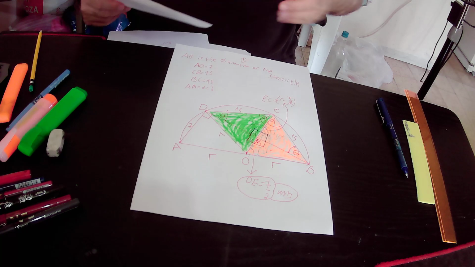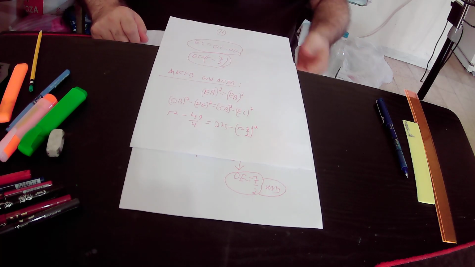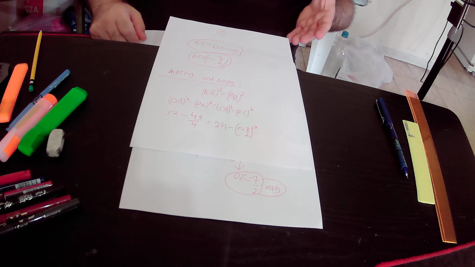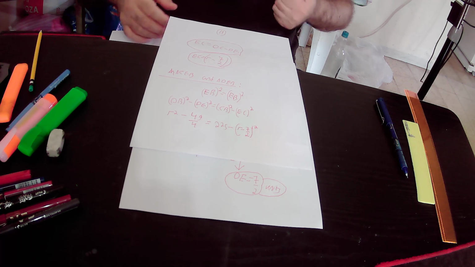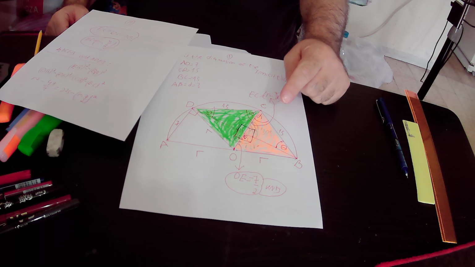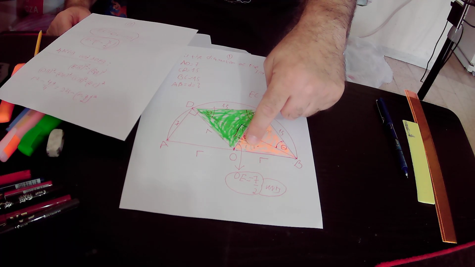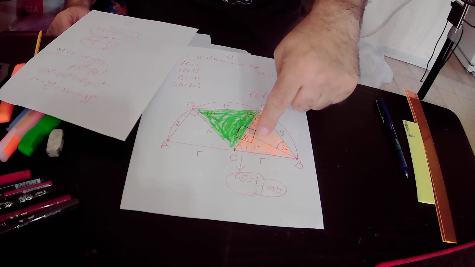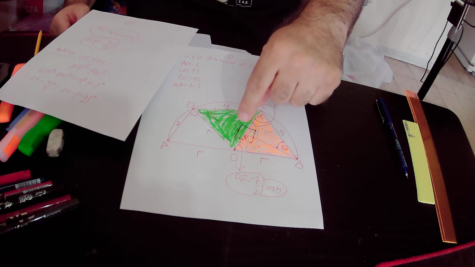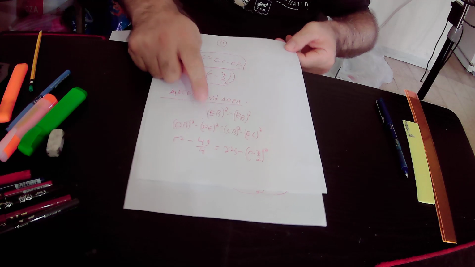So we implemented the Pythagorean theorem in those two right triangles, and we added the equality that says EB square equals EB square. The first EB square relates to these right triangles. Here EB square equals OB square minus OE square.